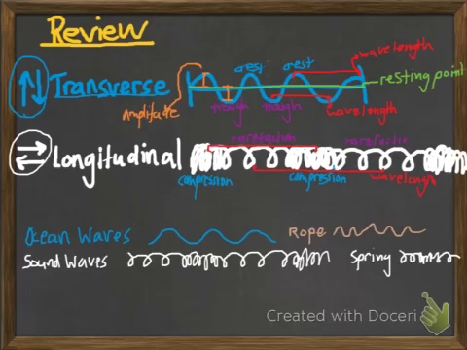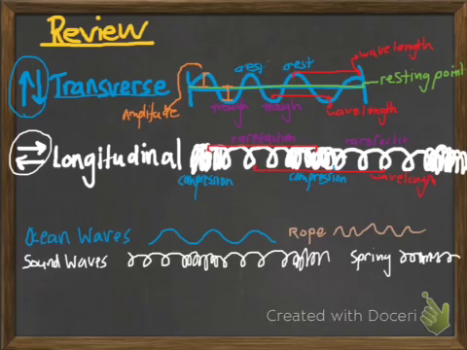For longitudinal waves, the parts we identified were compressions, where the particles are all bunched up or compacted, and also rarefactions, where the particles are spread out more or pulled apart. We measured wavelength for longitudinal waves from the center of one compression to the center of the next compression.